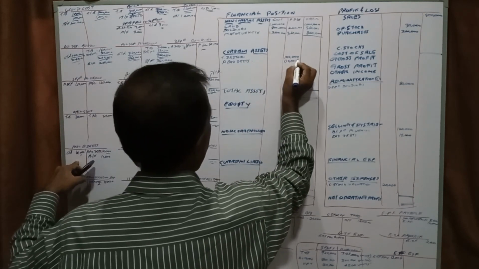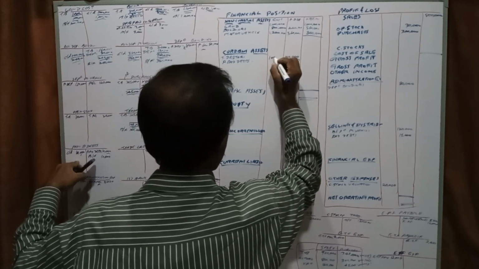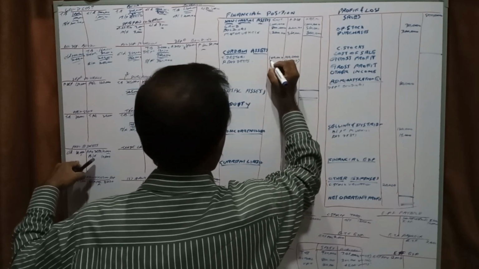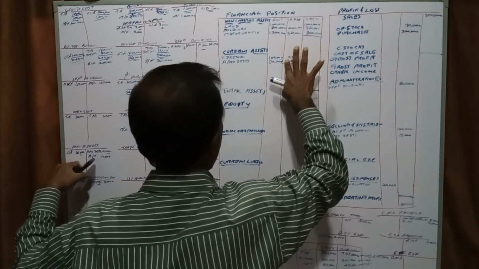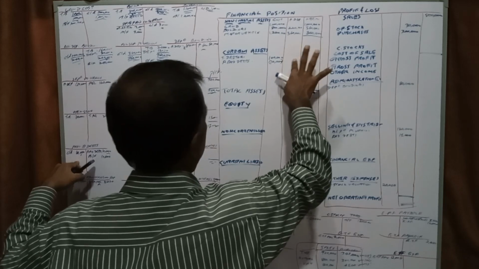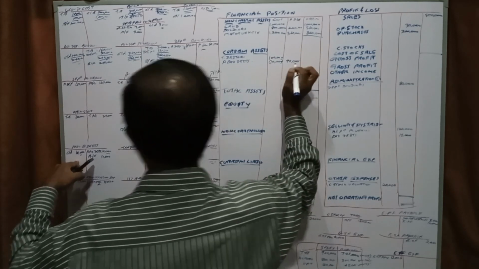You have to deduct it from this amount. So the balance value is 90,000, okay?